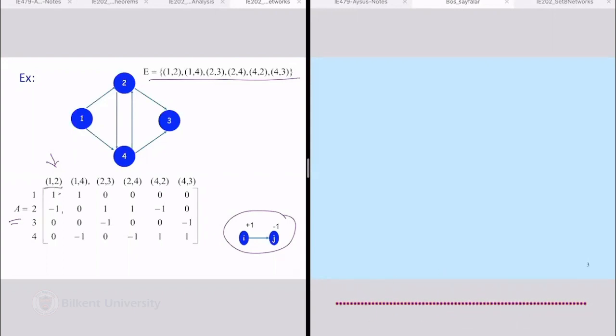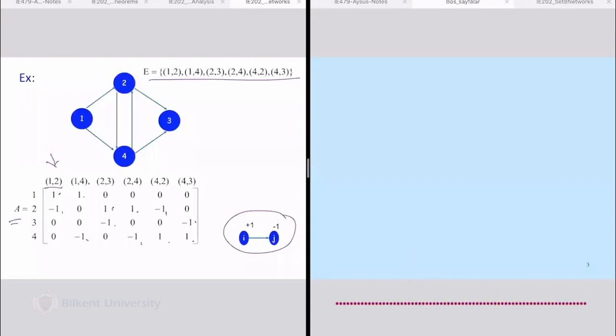Arc 1, 4 from 1 to 4. 2, 3 from 2 to 3. From 2 to 4. From 4 to 2 and from 4 to 3. So 'from' gets a +1 and 'to' gets a -1. As in the supply demand, the 'to' node is the absorbing side, which gets a -1. This is how we form our node arc incidence matrix.